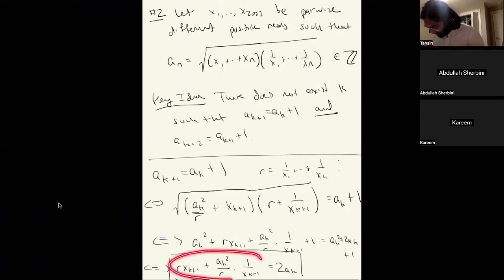This left-hand side, you can basically bound it by AMGM, and there's actually an inequality here, because the product of the two terms here, this one and this one, is actually AK squared. So by AMGM you get, yeah, so this is AMGM.